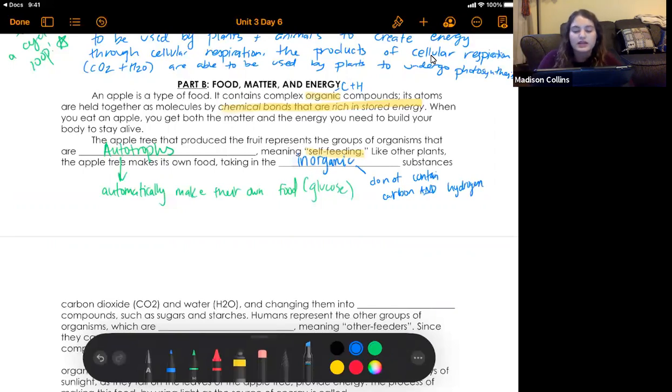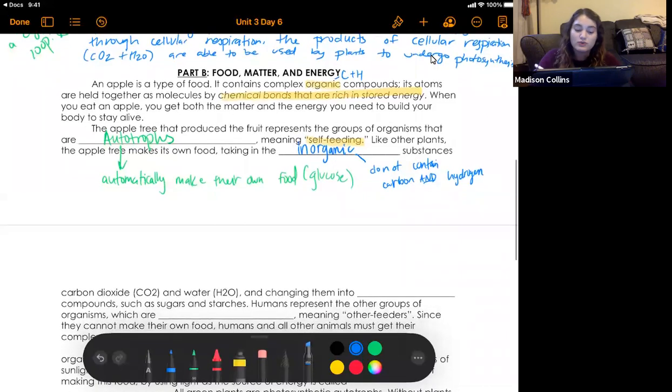Right? So they take in inorganic substances like CO2 and water and change them into organic compounds, such as sugars and starches. So specifically, the sugar that we're talking about here is glucose, which is C6H12O6. Because it contains both carbon and hydrogen, that is organic.